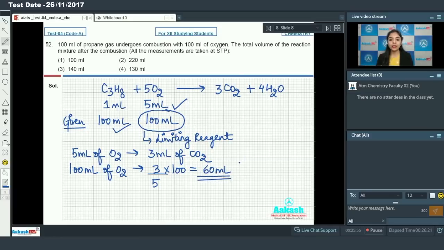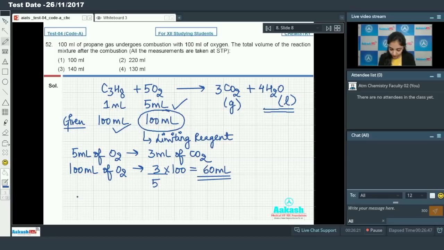Here I have calculated only the volume of carbon dioxide, not the volume of water, because at STP, carbon dioxide will remain in the gaseous form, but water will remain in the form of liquid. So we will not calculate the volume of water. Now also calculate the volume of propane gas left.